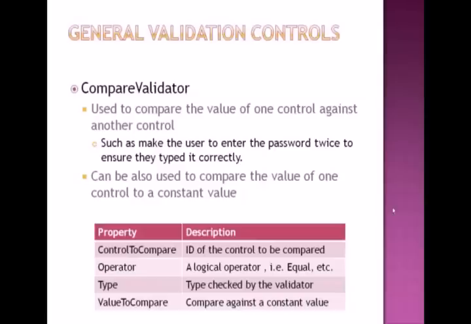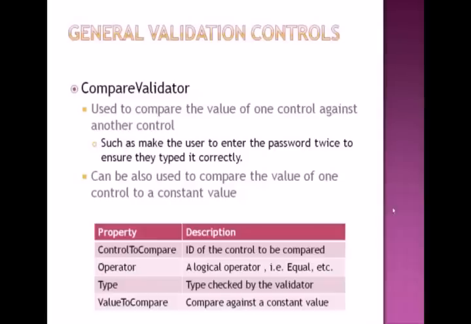This is useful for comparing, for example, two text boxes containing email addresses to make sure that the user typed the email address correctly both times, or when asking for a password, we can ask for the password twice in two different text boxes and then compare the two text boxes together to see if they are equal. You can even compare the value of a server control with a constant value.